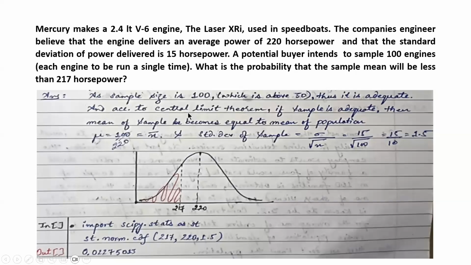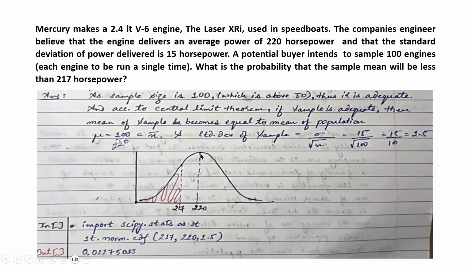According to the central limit theorem, if the sample is adequate, then the mean of the sample becomes equal to the mean of the population. Here, the mean of the population mu is 220. Firstly, I've created this normal distribution curve, because the sample size is more than 30.